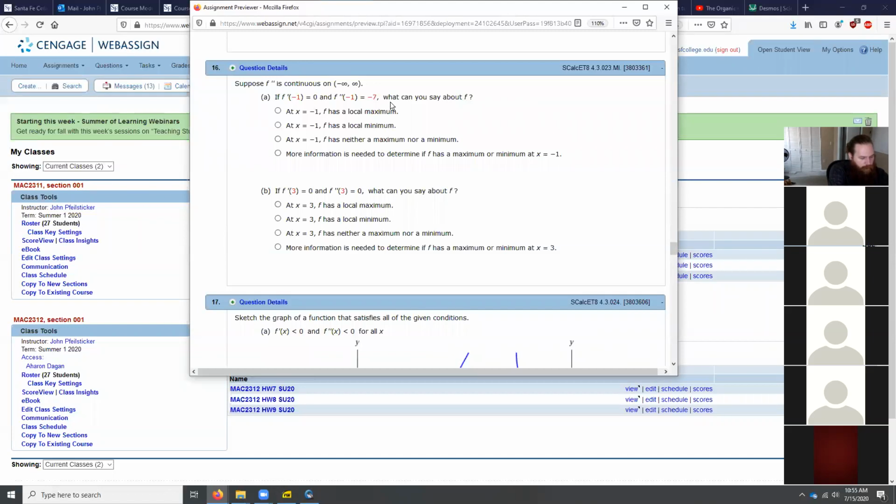This is homework 9, number 16. If f prime of -1 equals 0 and f double prime of -1 is -7, what can be said about f of x?